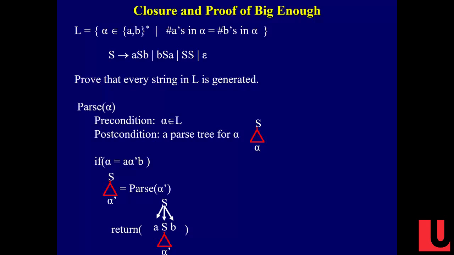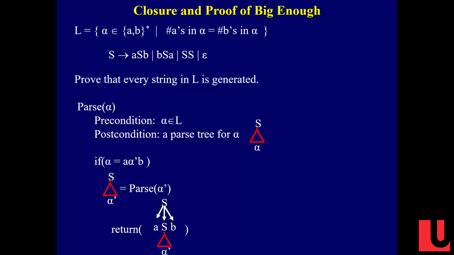And does it meet the precondition? Well, if my string alpha has the same number of A's and B's, and we remove one A and we remove one B, then alpha prime is going to also have the same number of A's and B's, right? So alpha prime meets the precondition.